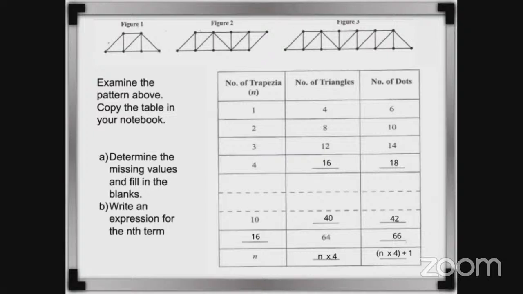So there you can take the picture of the completed diagram, the completed table, and I hope you take the time out to figure out how we got to 16, 18 for the 4th term and 40, 42 for the 10th term, and of course, our expression for the nth term and the values that are also there for the 16th term.